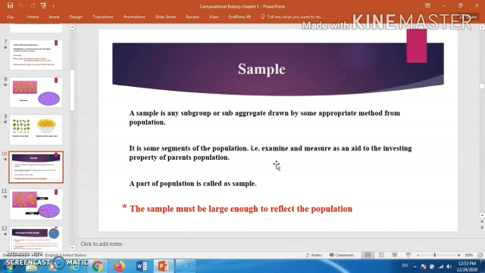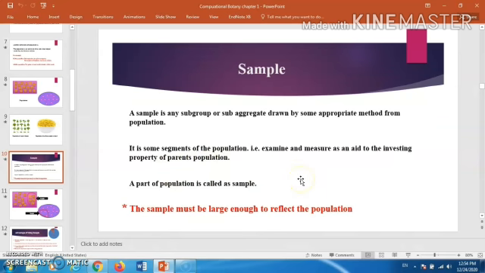If we have to study something, we cannot study the whole population because of time limitation, money limitation, and it is not convenient. So let us see another definition of sample. It is some segment of the population that is examined and measured as an aid to investigating the properties of the parent population.